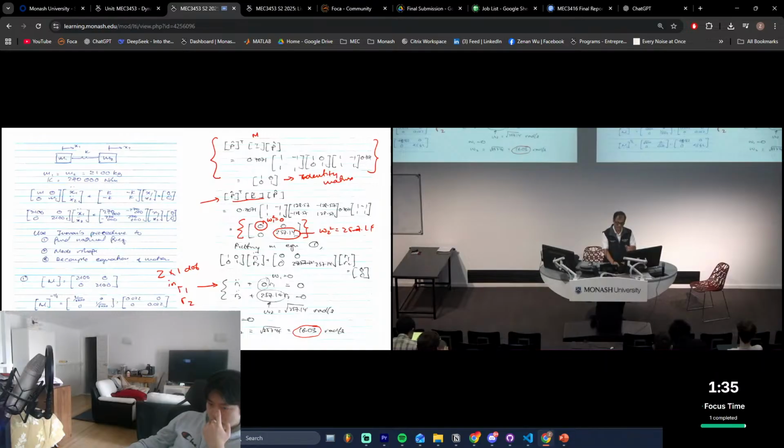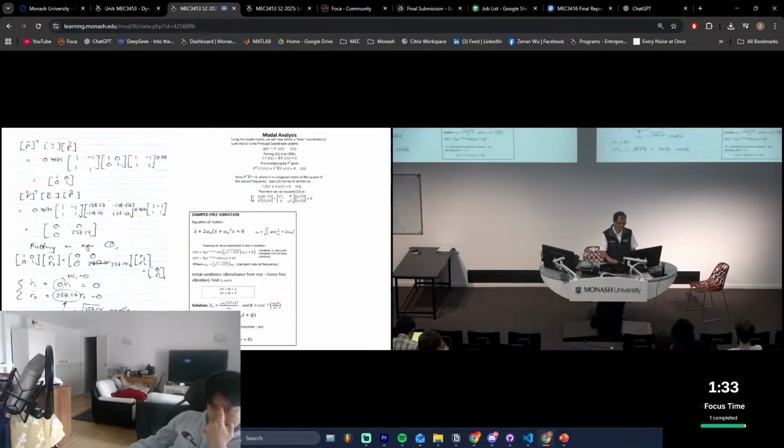Okay, so by doing this, because I have this system equation, I've already gone through my damp free vibration, 1 degree of freedom. Let's assume that there's no damping. I know the solution. I can actually code this solution up and give me R1 and R2. I'll go through some examples with you next week where we actually solve this system equations.